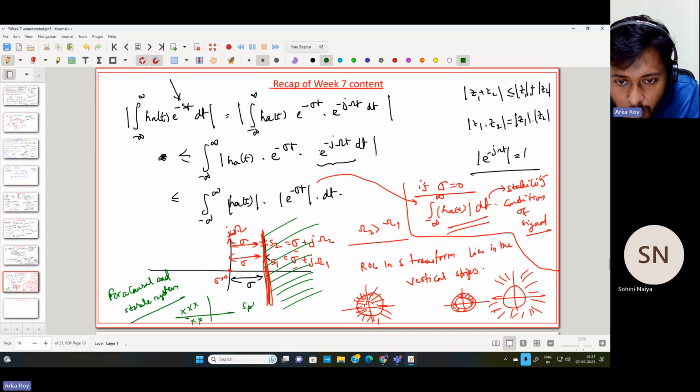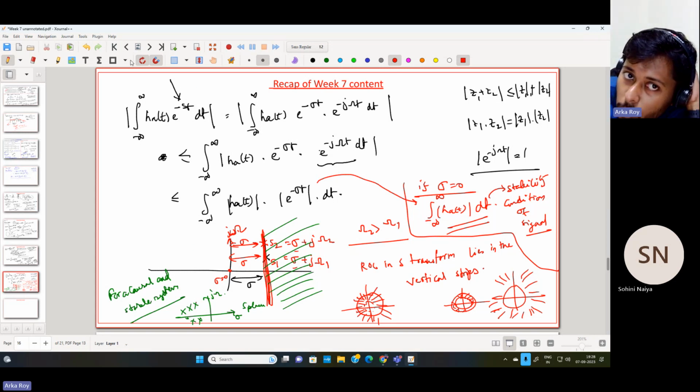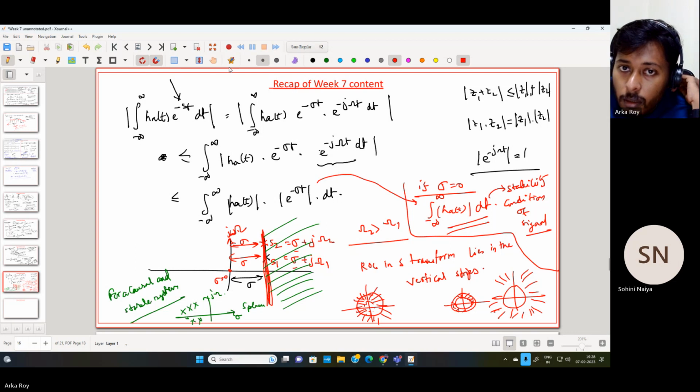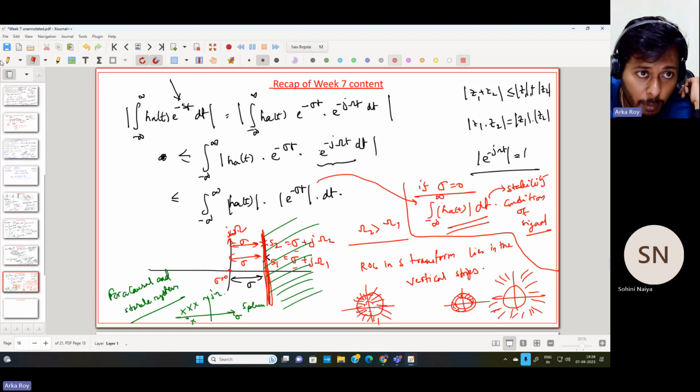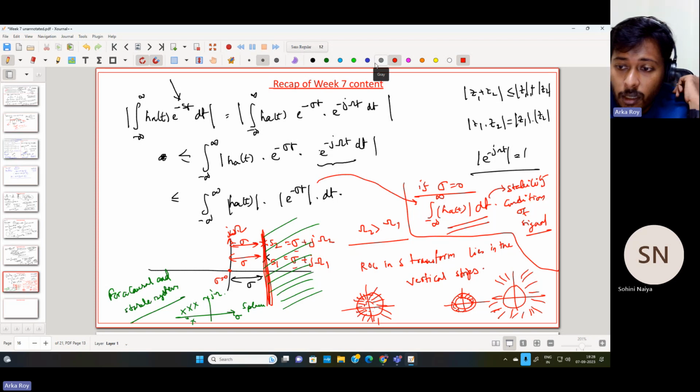If this is the S plane, where this is sigma and this is j omega, the poles should lie on the left hand side. This will ensure stability, and the ROC will not contain any poles. And if the system is causal, as we have seen in case of Z transform, the ROC goes in the outward direction.